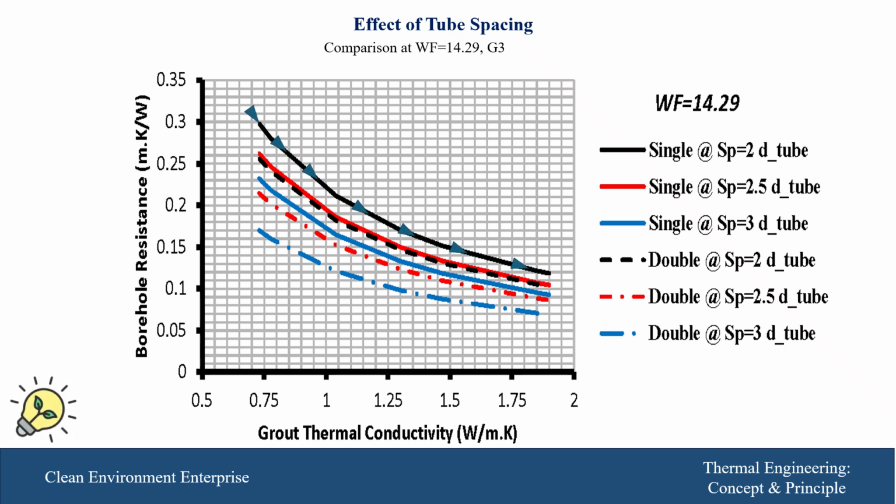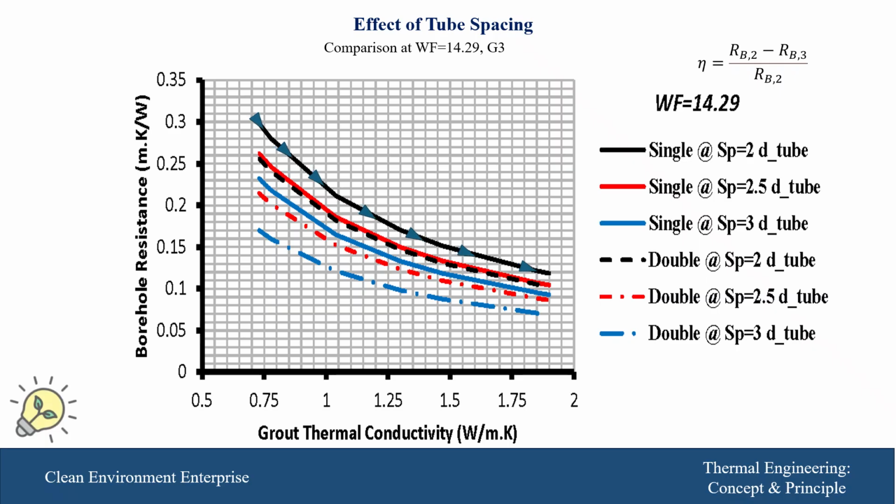For example, if we use a form where we have SP equal to 2 D naught, and where we have SP equal to 3 D naught, divided by r sub b.